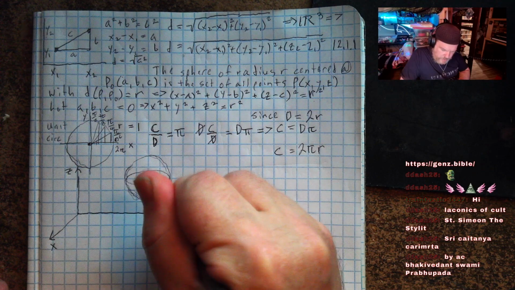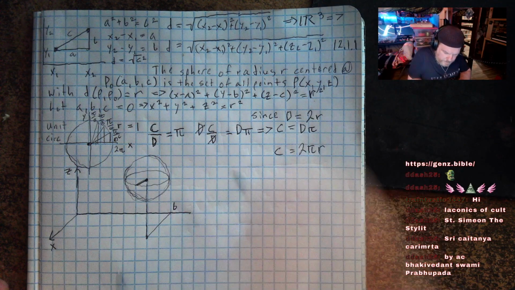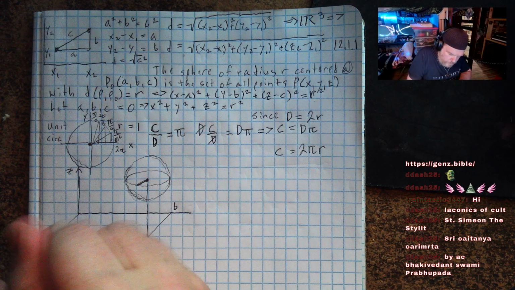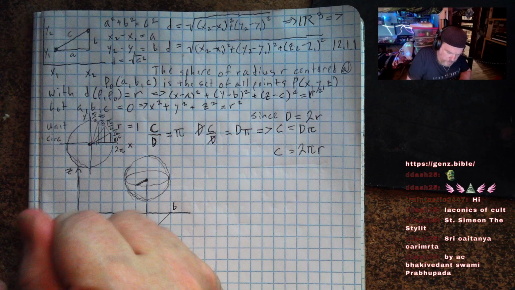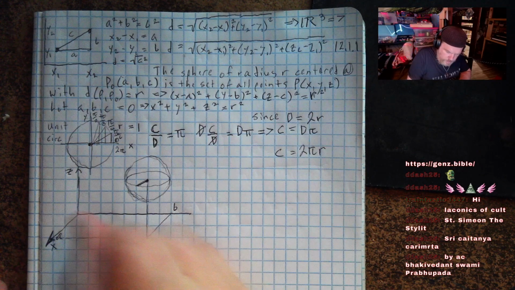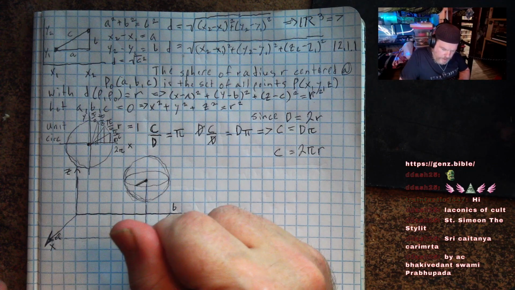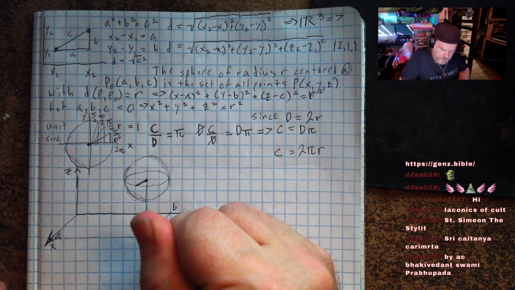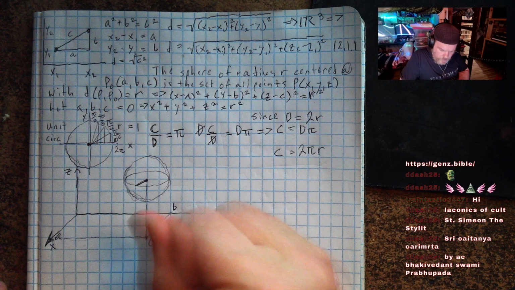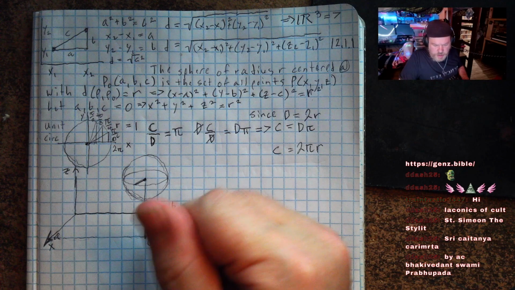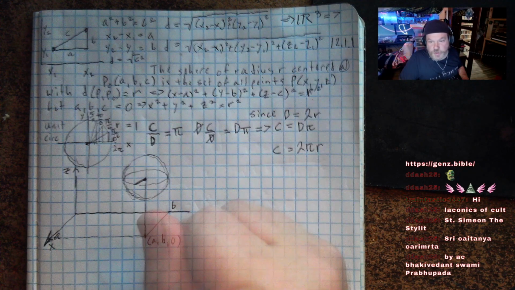I'm going to have this to be point B, and this to be point A. So here I'm going to have A, B, 0. A sphere centered at this point would have this, right?